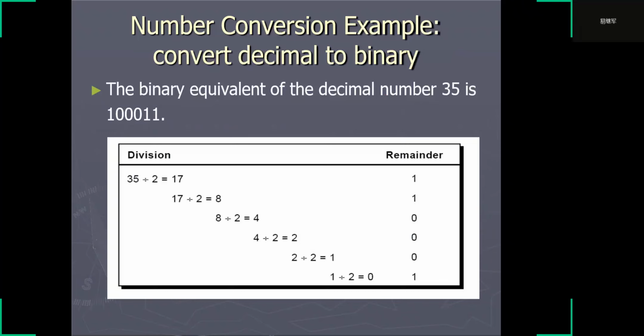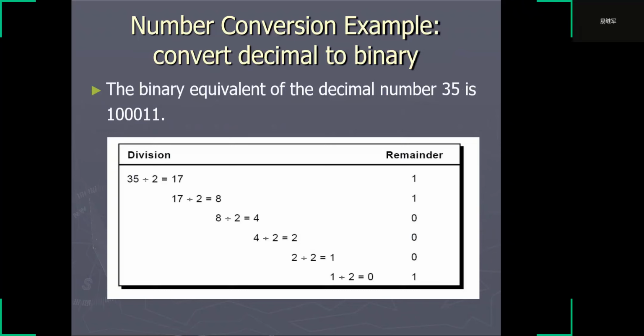The binary equivalent of the decimal number 65: we can convert 65 to binary. We divide 65 by 2, and we get the result 32, remainder is 1.